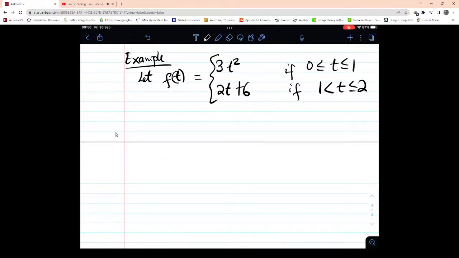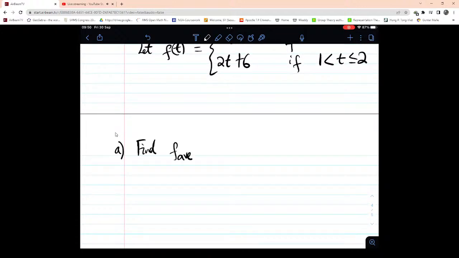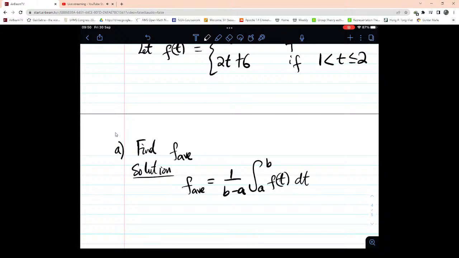Right, so now we want to find the average of this function there. And for us to do that, we will use our formula, the definition there. So it's going to be 1 over b minus a of the integral from a to b of f of t dt, right?